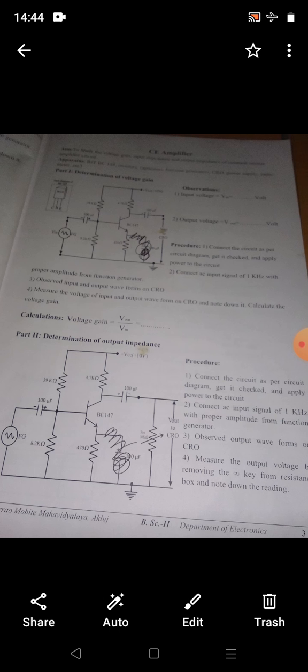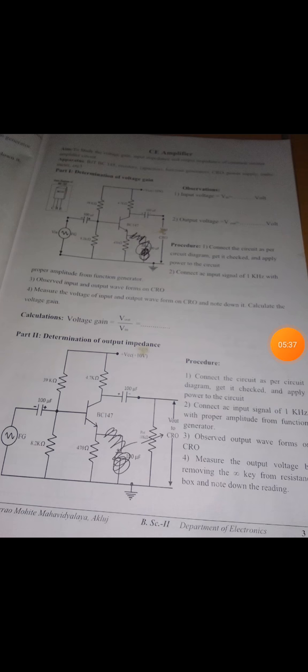Then calculate the input current Iin. In the calculation, the input current Iin equals VAB upon R, that means VAB divided by 10 kilo ohm. And the last calculation is the input impedance of the CE amplifier circuit, that is Zin equals Vin upon Iin in kilo ohm.